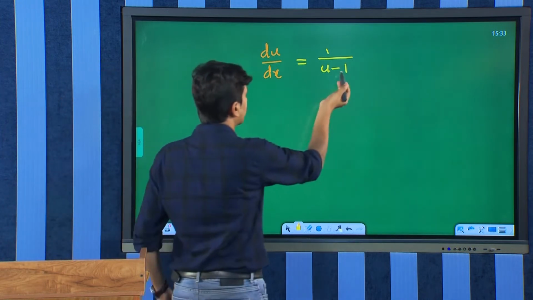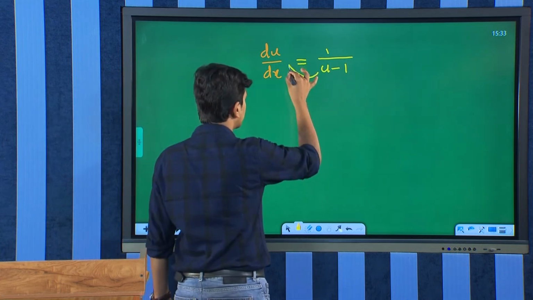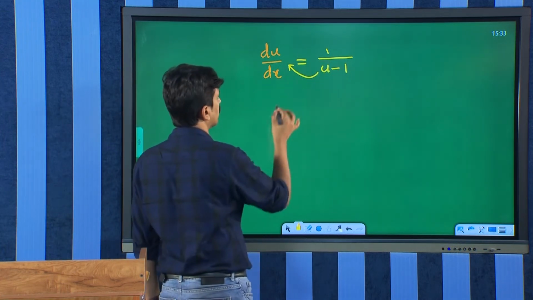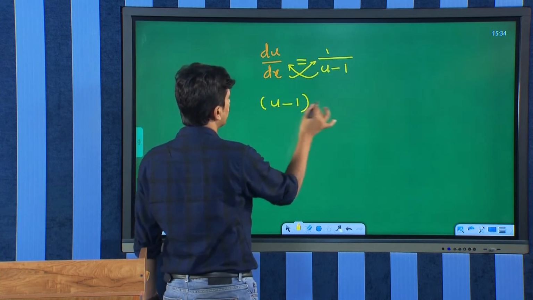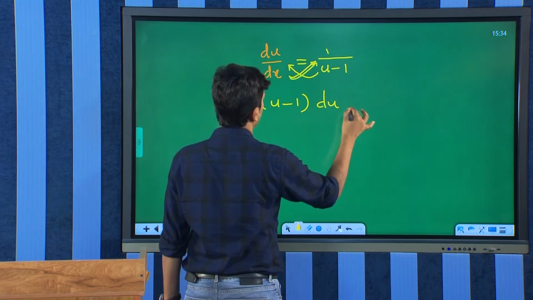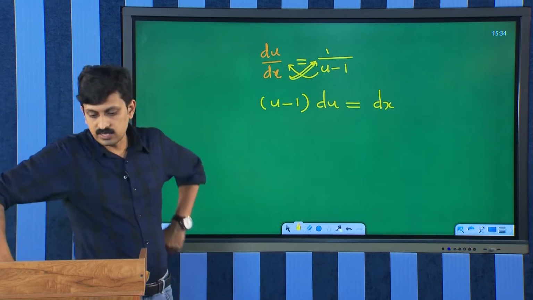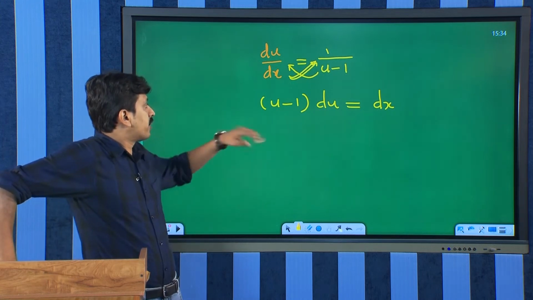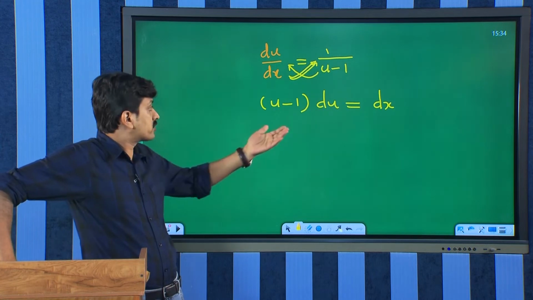So, now we are able to separate the variables. We can take u minus 1 to the left with du and dx to the right, so we have u minus 1 du is equal to dx. See, my dear students, this is u minus 1 du, the separated form.